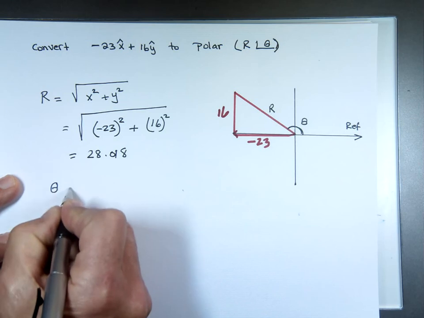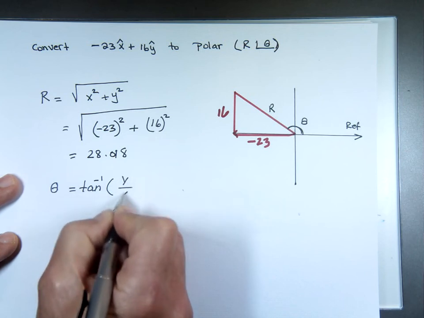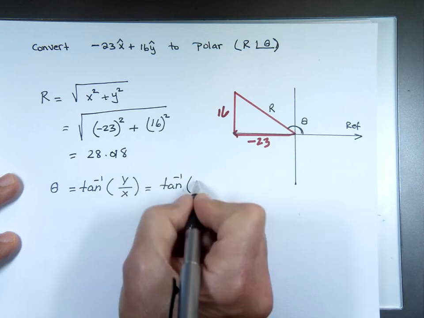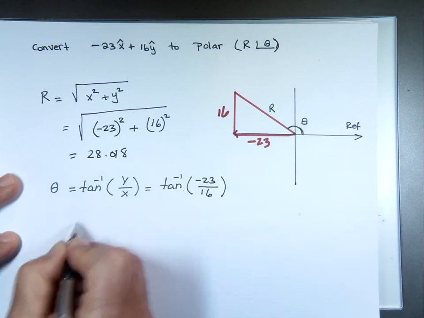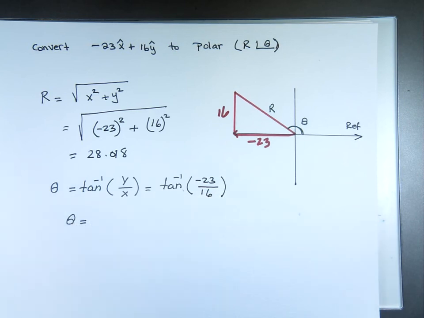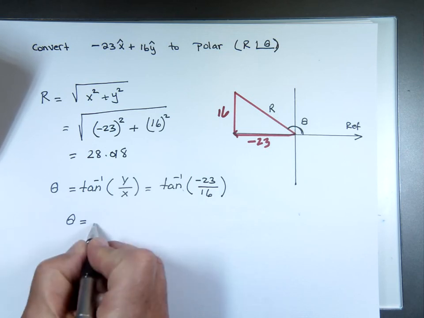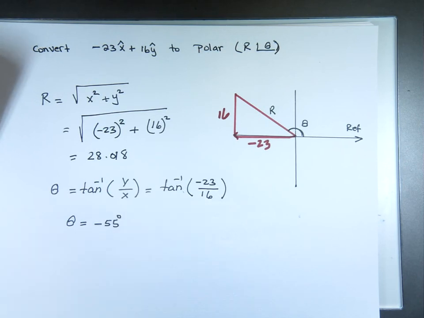It's the inverse tangent, if you do the inverse tangent of y over x. Of y, which is negative 23, x is 16. Inverse tangent of negative 23 divided by 16 will give me negative 55 degrees. 55 point what? 18.